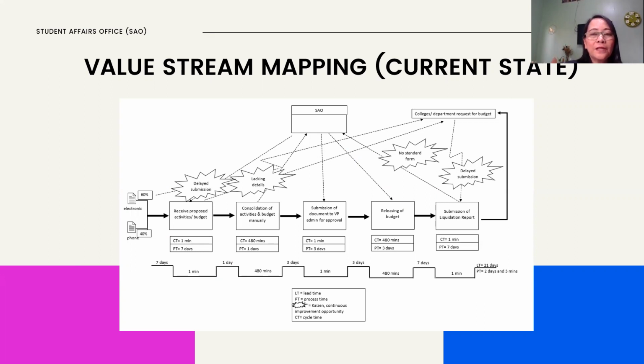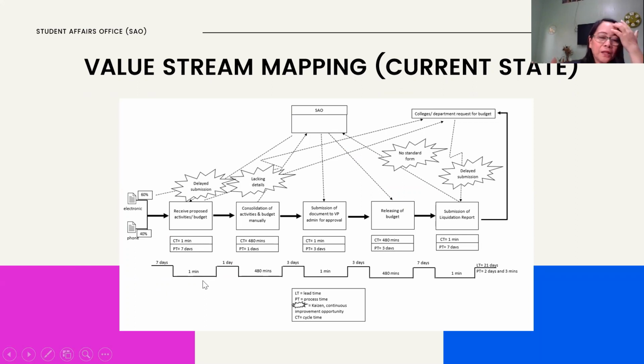So take for instance, with the current state, here above are the identified factors that hamper the flow of the process. And down below here are numbers. The numbers above here are what we call the process time and the waiting time.